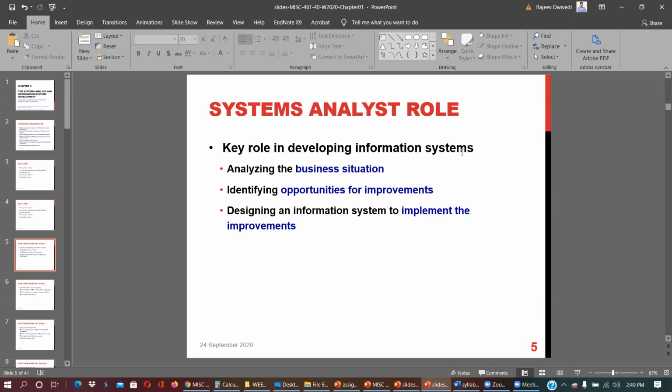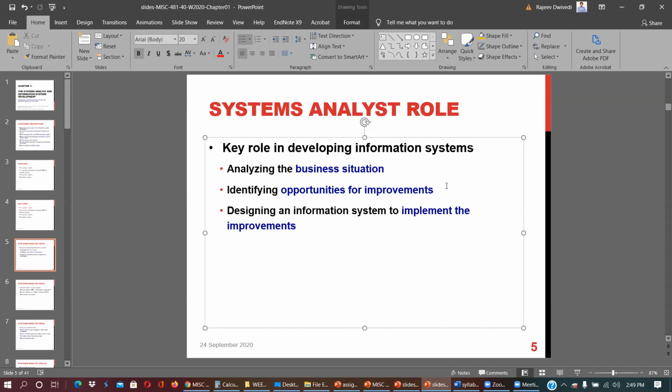So the key role in developing an information system is to analyze the business situation, identify opportunities for improvement, and design an information system to implement the improvements. So these are the 3 key roles: first, the business situation; second, opportunities for improvement; and third, implementing the improvement. These are the 3 basic roles that any system analyst has to perform.